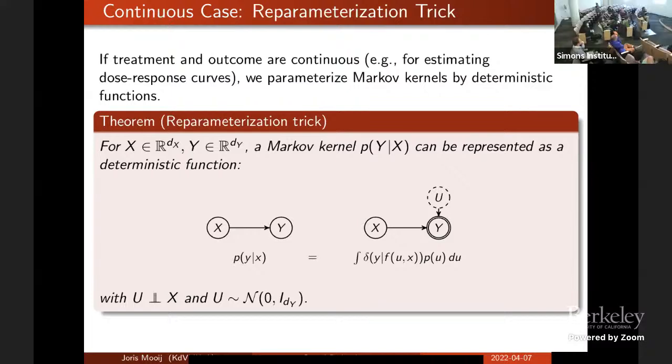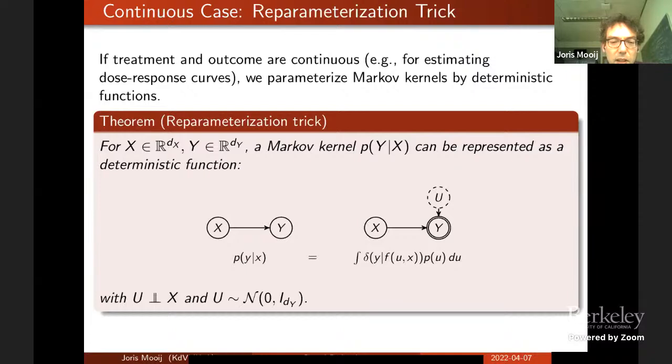Sorry? 27. Yes. So in case treatment and outcome are continuous, for example, if we are estimating dose response curves or even quantile dose response curves, then we can make use of this reparameterization trick to parameterize Markov kernels by deterministic functions. So this is also a fairly standard trick.